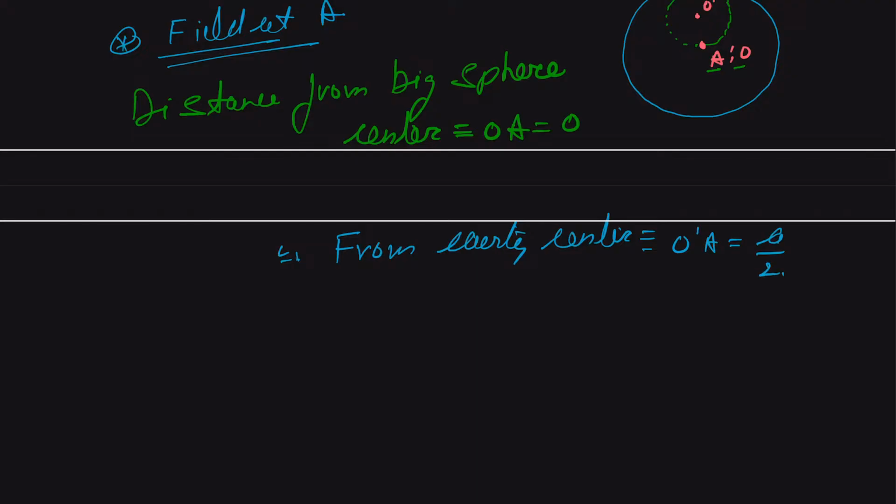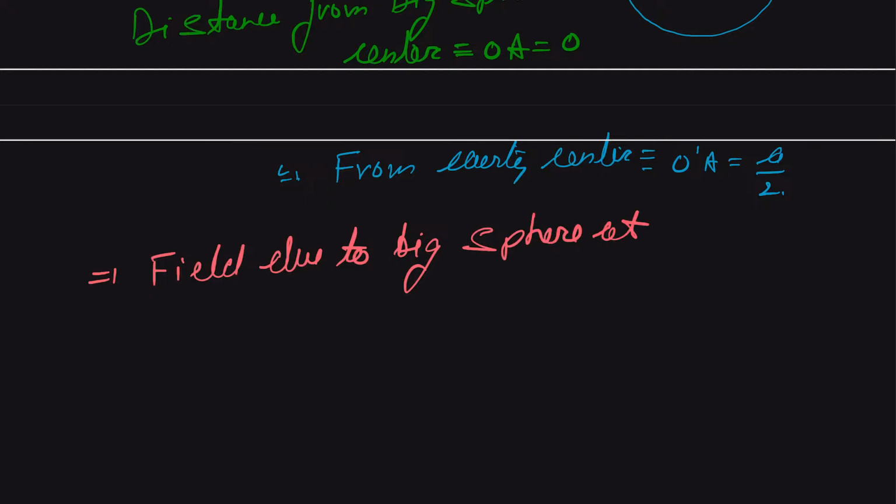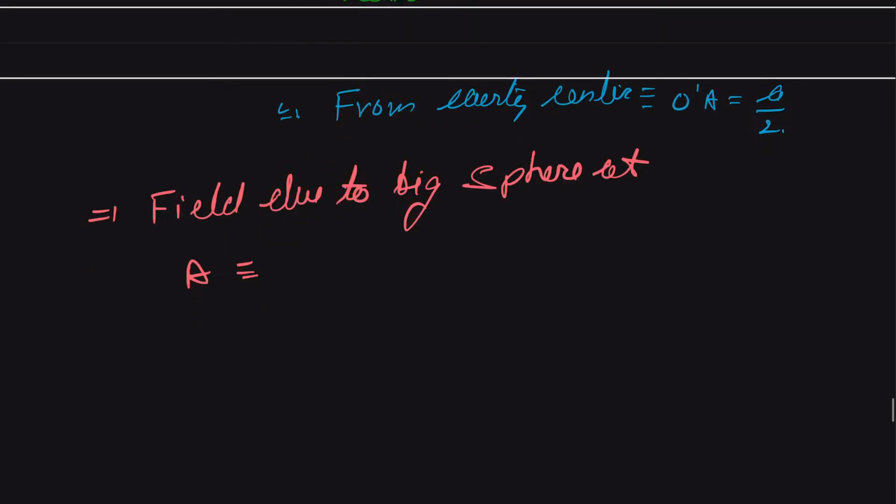Now let's find out the field due to the big sphere at A. You can say that the field due to the big sphere at point A is E big, whose value will be equal to 0.